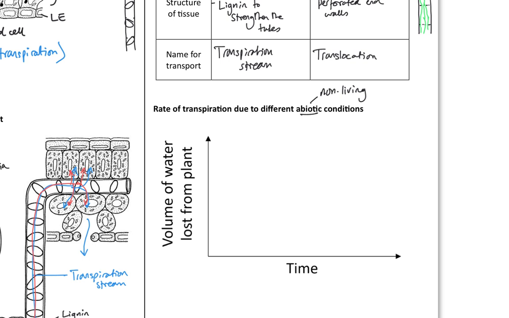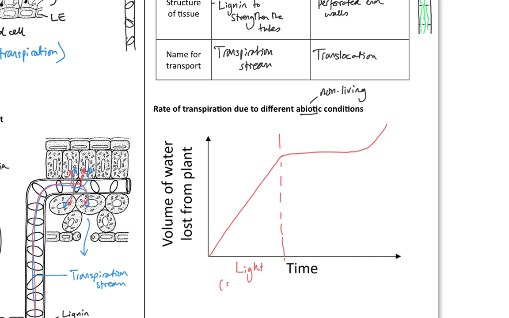So I'm going to put a line on here. The volume of water loss from a plant, I'm going to say that it's going to go up, and then it's going to come down. Well, sorry, it's going to go horizontal, and then it's going to go off again. How can I explain this? Right, well, that might be when it's in the light.